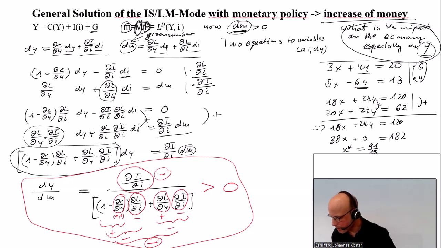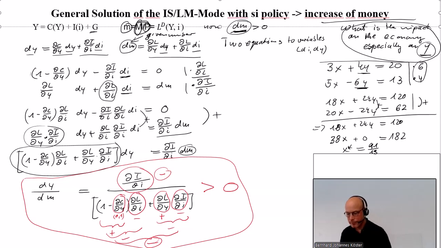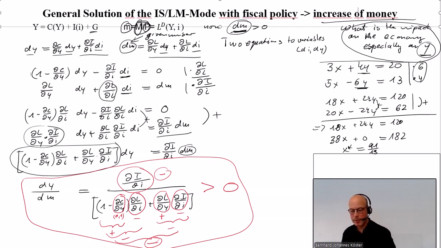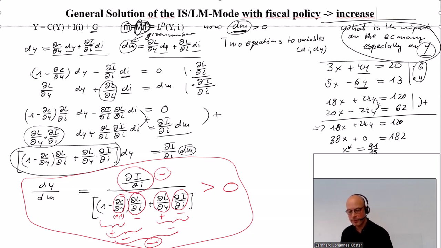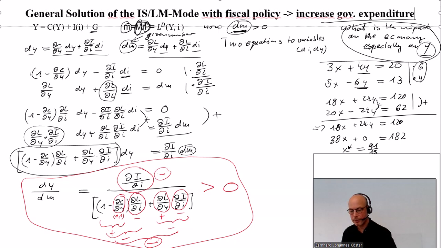Well, now I can use this. Later on, I will mainly talk about monetary policy, but since I have this already, let's now use this in order to do fiscal policy. This means an increase of government expenditure.